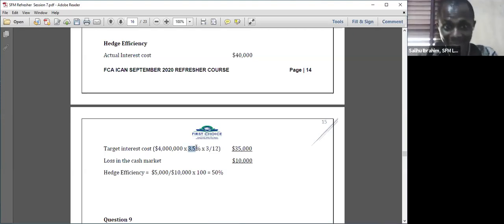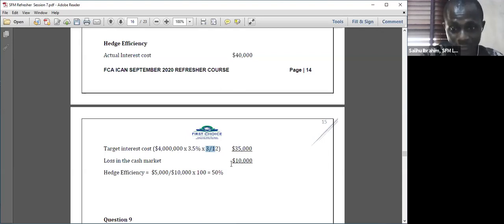That is our target. So you will see that we have paid above it by 0.5. So our target is 40 million at 3.5% times 3 over 12, isn't it? But eventually, we have paid at 4%.